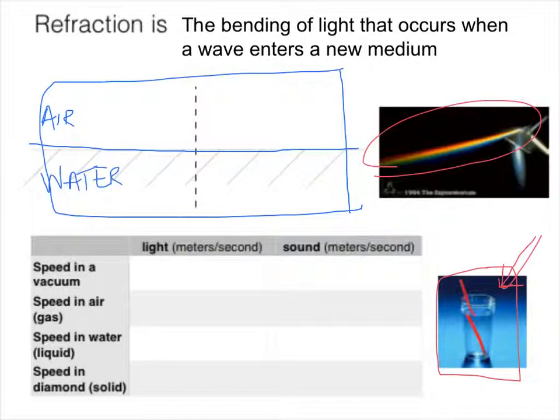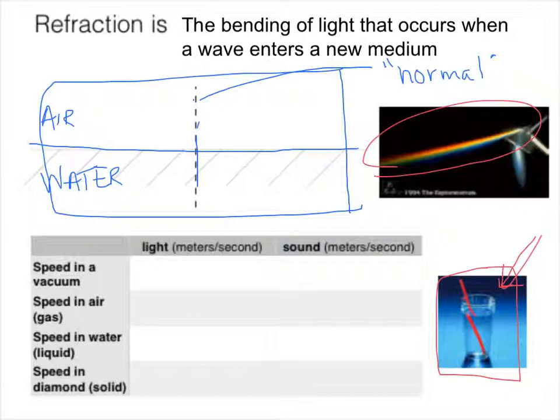That line in the middle is where the air and the water are in contact. And then we have this dashed line that runs down, perpendicular to that interface, and this is our normal. We learned about the normal when we were talking about reflection. It's our imaginary line that's at a 90-degree angle to that surface.